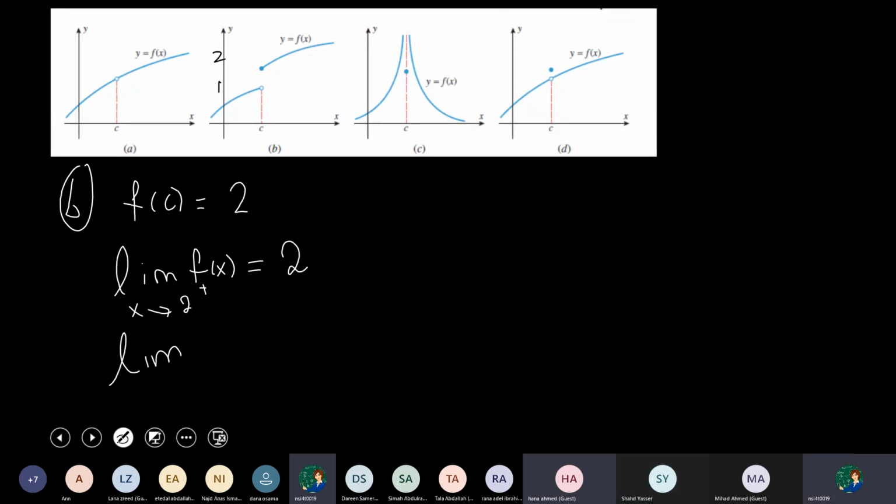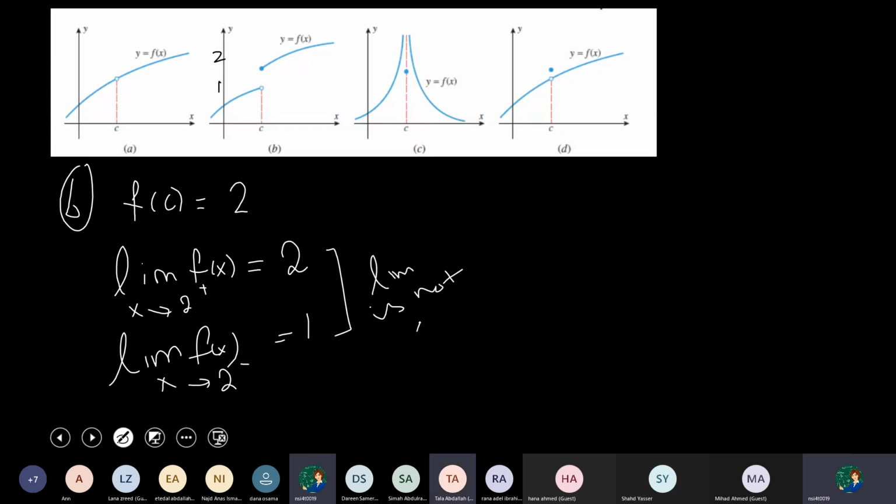Now, the limit of f of x when x approaches 2, but now from the left. 1. Thank you. So, since they are not equal, I will say that the limit does not exist. But how do we get 1 and 2 again? Okay, look at the function here.